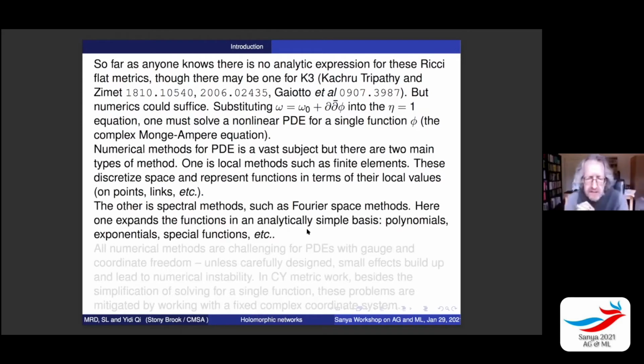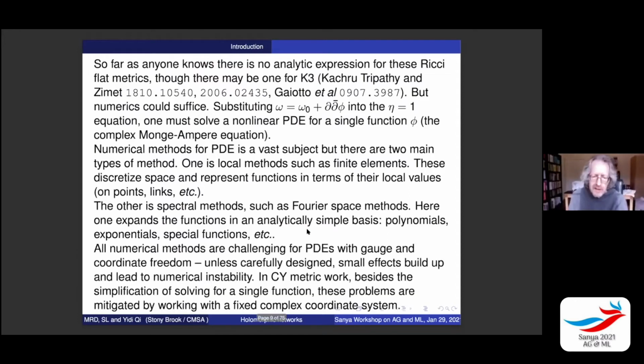To put it in context, there is of course this very large subject of numerical methods for PDEs. You can break down most methods into local methods, such as finite elements, where you develop some sort of a mesh, or you sample, and you represent the functions in terms of their values on points, and spectral methods, where you have some sort of a function basis that you expand in.